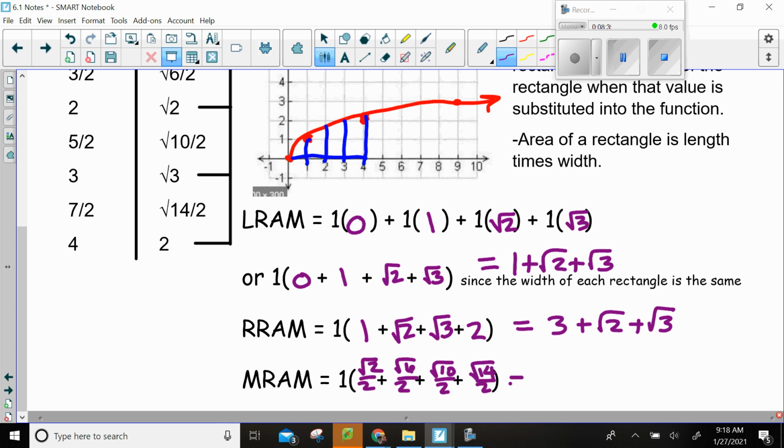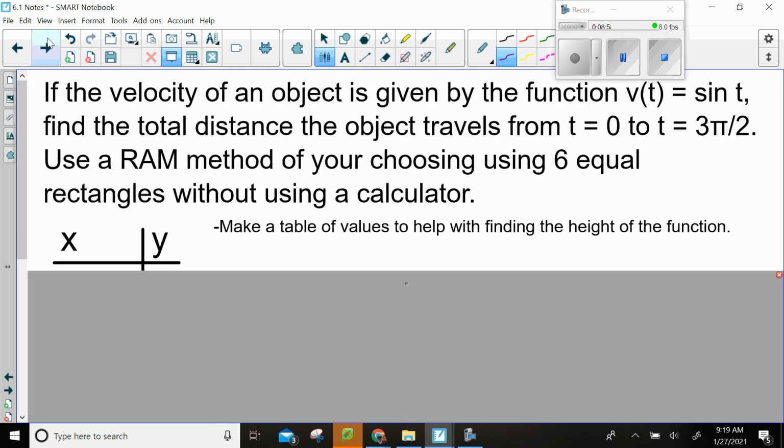Super fun. So there we go. Okay, that will approximate the area from 0 to 4 on the square root of x.